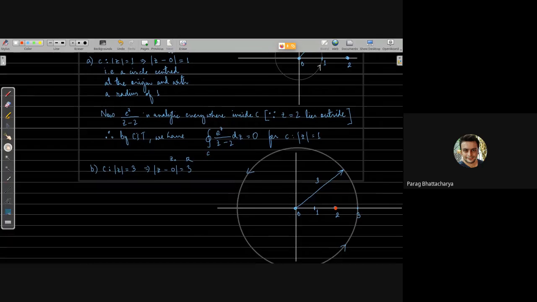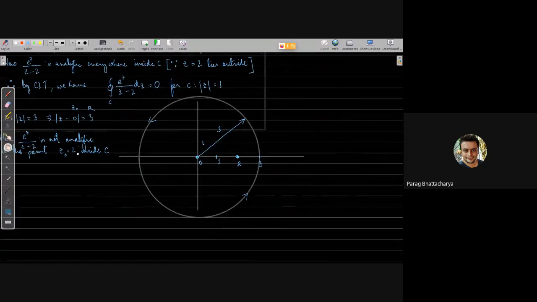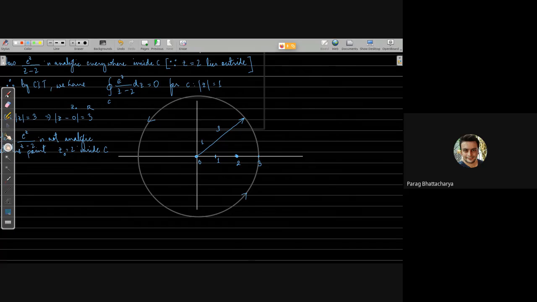So here, e to the power z by z minus 2 is not analytic at the point z equals 2, inside C. So we now have to do the deformation of the path.